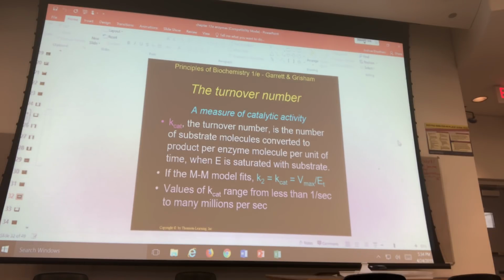You can quickly calculate that by finding Vmax through whatever means we talked about earlier, and dividing it by the concentration of enzyme, which would have to be given to you. That is up to you to learn how to do.